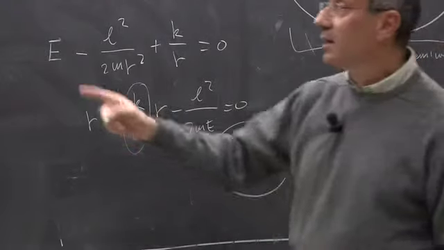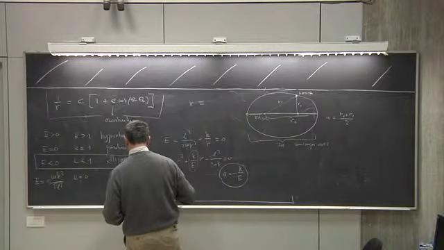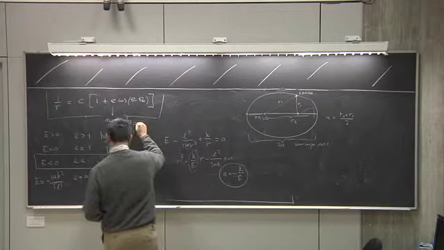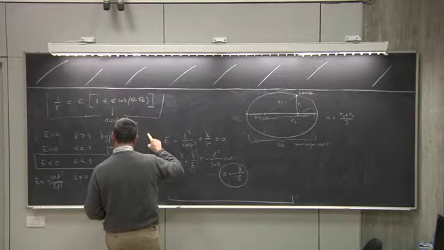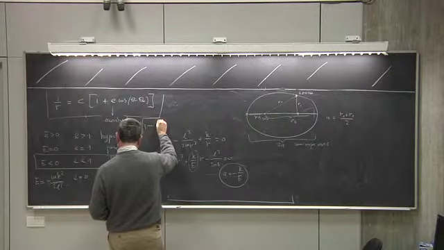So if I use that, you see that the eccentricity now, E, well, I write it, E was 1 minus L squared over mKA.